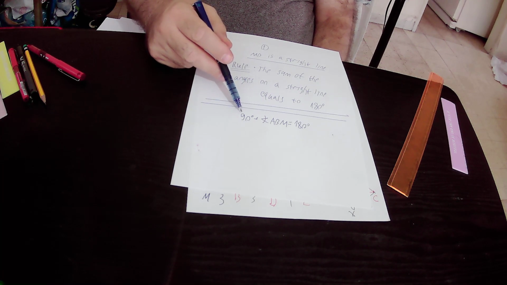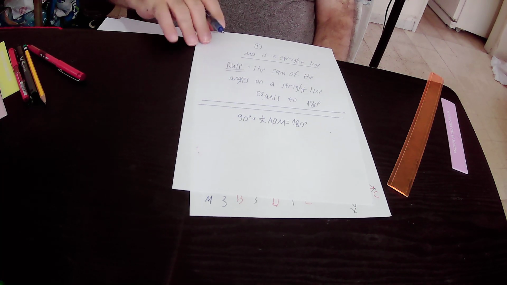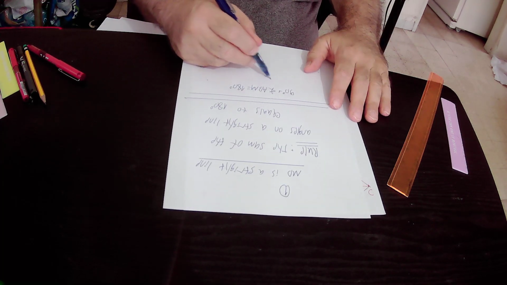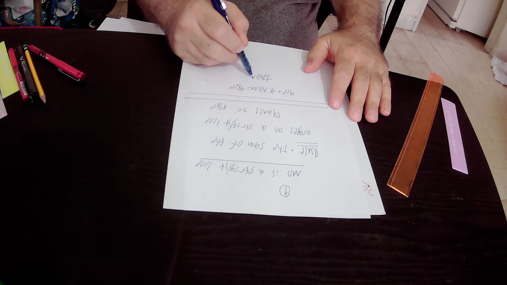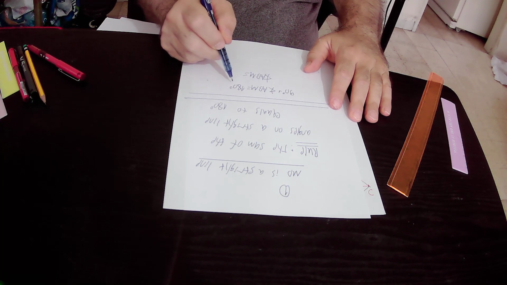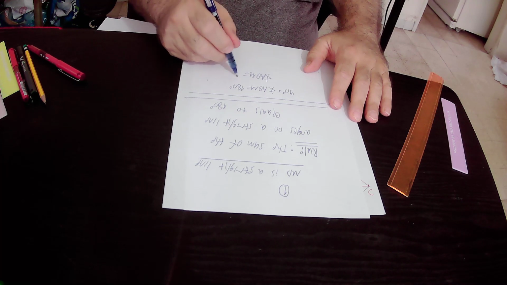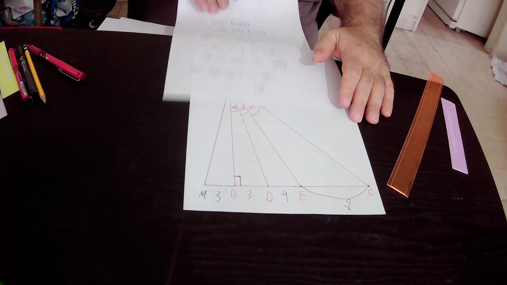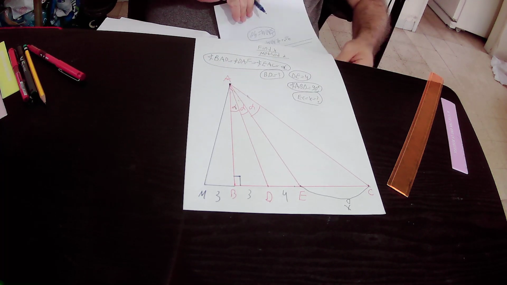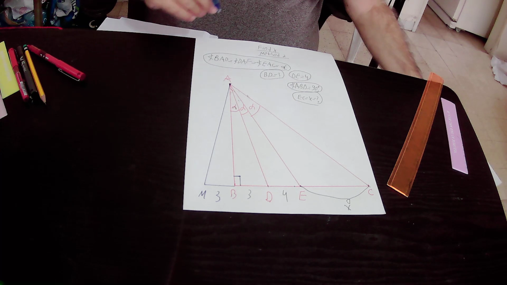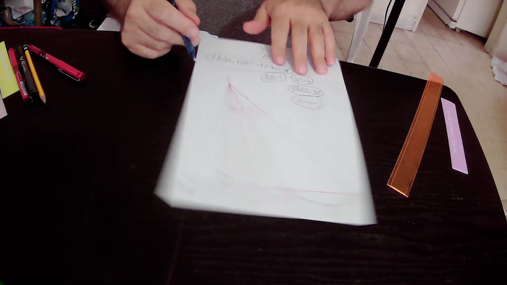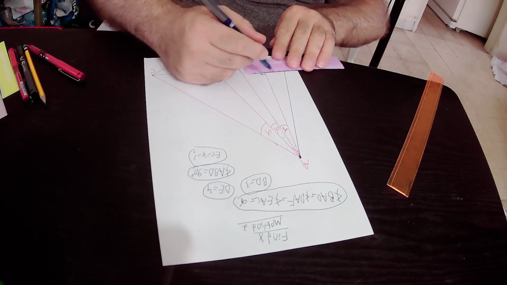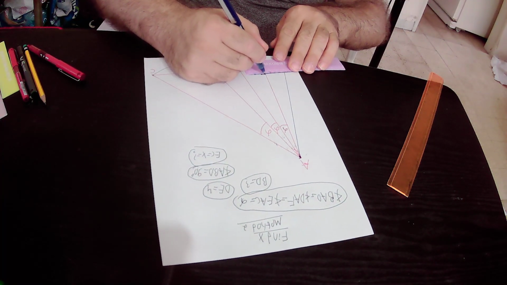Here we will subtract 90 degrees from this equality, and we will get that the size of angle ABM equals to 180 degrees minus 90 degrees is 90 degrees. So we found out that the size of angle ABM is 90 degrees, that is to say it is a right angle. Therefore, triangle ABM is a right triangle.